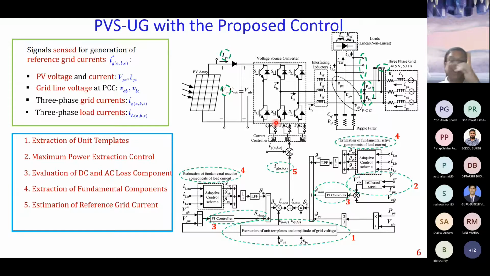So this is the block diagram. This is the schematic of the control for the photovoltaic system connected to the utility grid, with all these signals sensed to generate the reference grid current and then to accomplish all these five tasks. So we'll discuss all these five tasks.